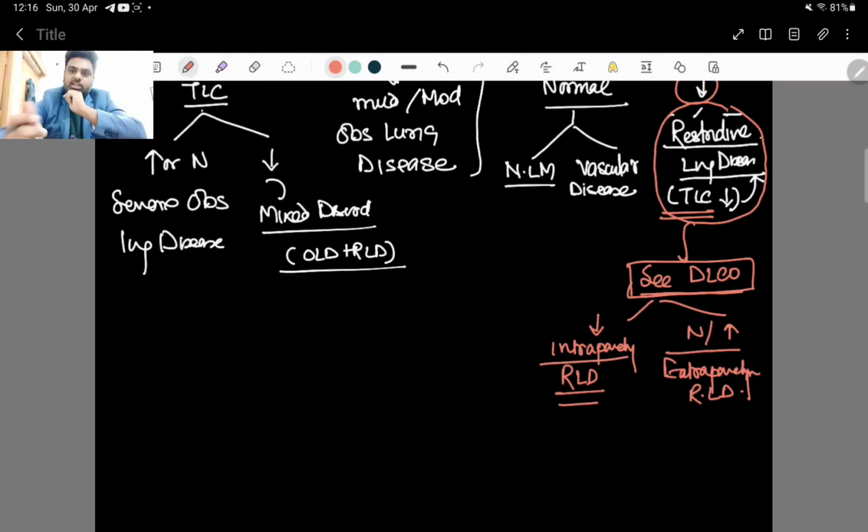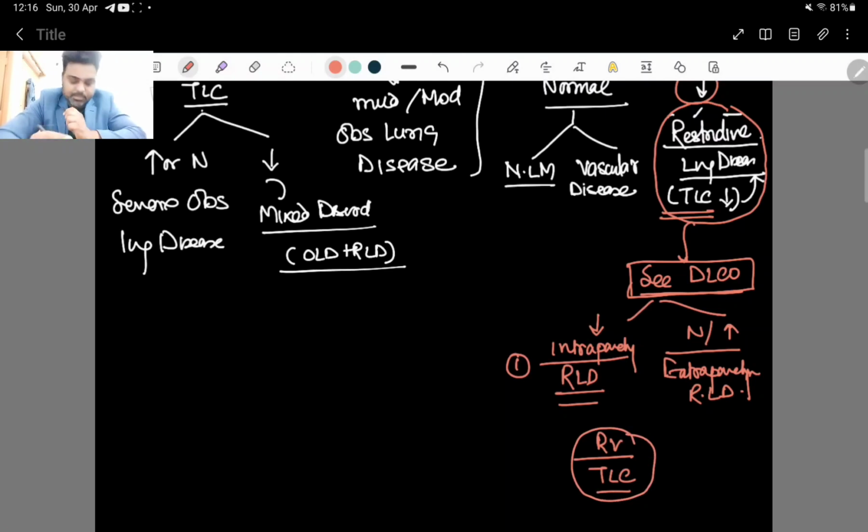Now there is one other thing. This is one way by which we can differentiate intraparenchymal restrictive lung disease from the extraparenchymal restrictive lung disease. Then there is some other thing that is known as residual volume to TLC ratio, that is total lung capacity ratio. Now first I have to tell you a little bit about this.